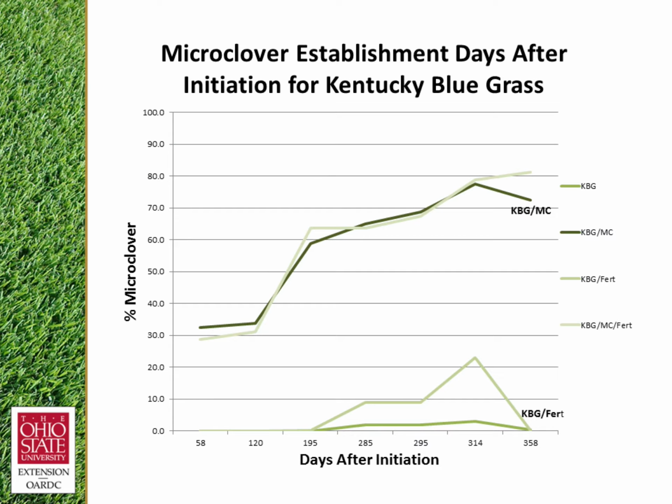Now for the data. First we're going to talk about Clover establishment. Along the bottom are the number of days after seeding. You can see we have been running this study for almost a year. Along the left we see Clover establishment. This chart shows data from Kentucky bluegrass. It took much longer for the Kentucky bluegrass to establish than we would have anticipated.